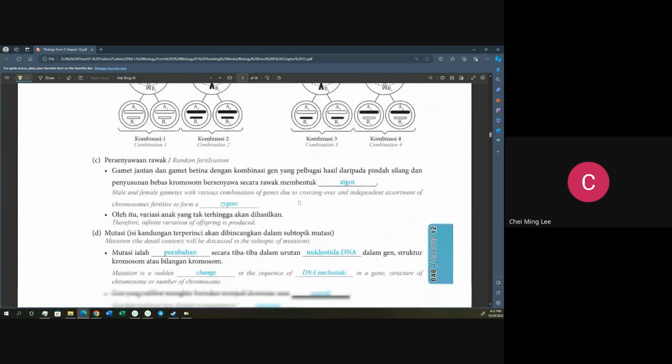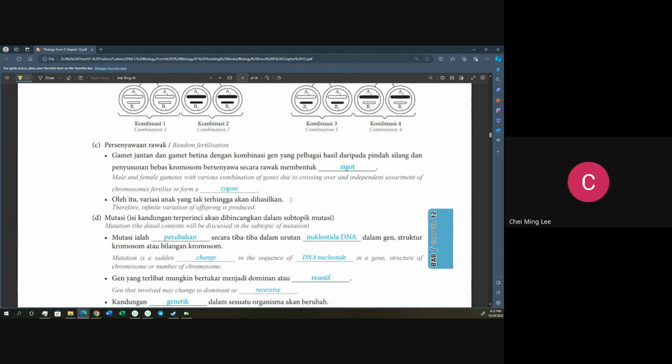Next, we are talking about random fertilization. For random fertilization, the male and female gametes with various genetic combinations due to crossing over and independent assortment of chromosomes fertilize together to form a new zygote. That's why an infinite variation of offspring is produced.